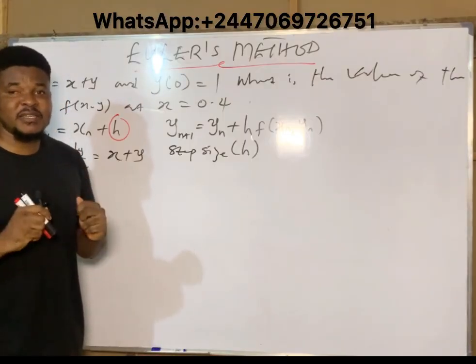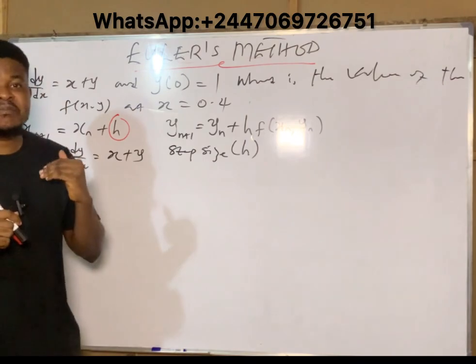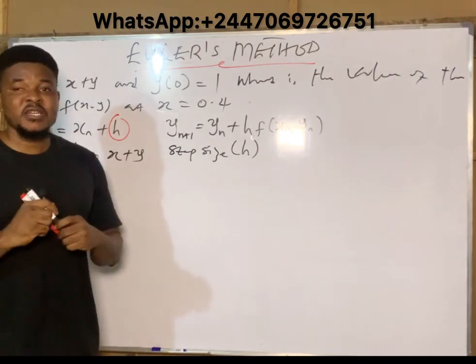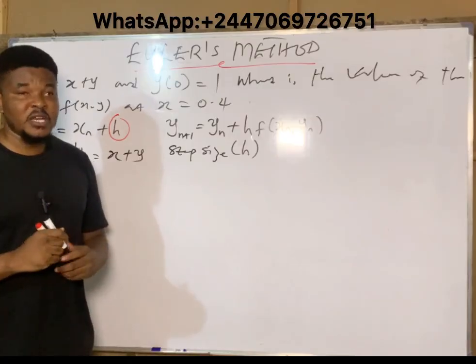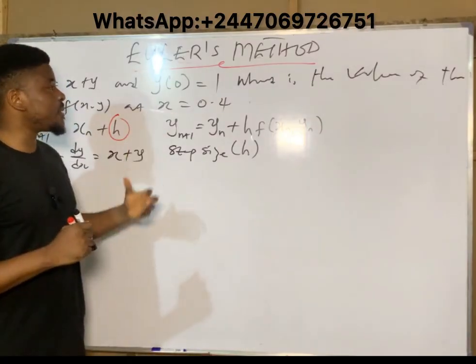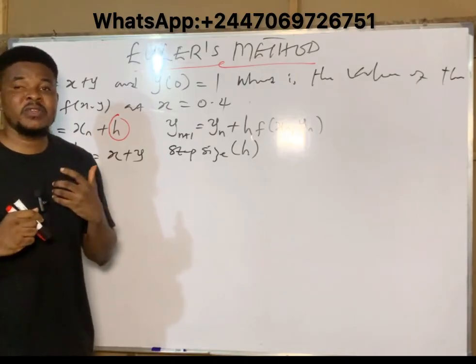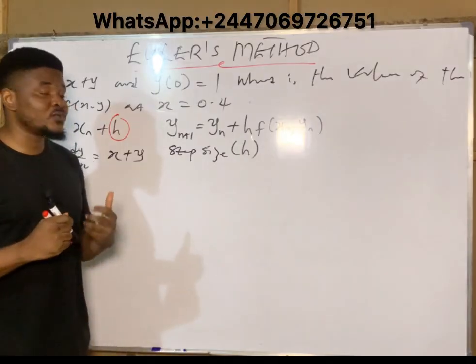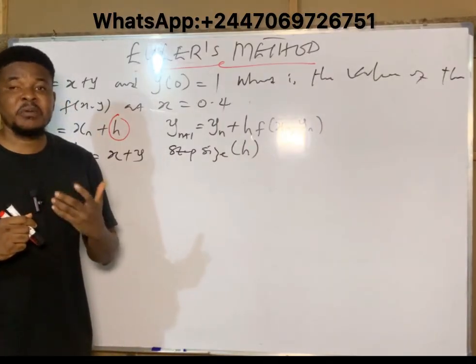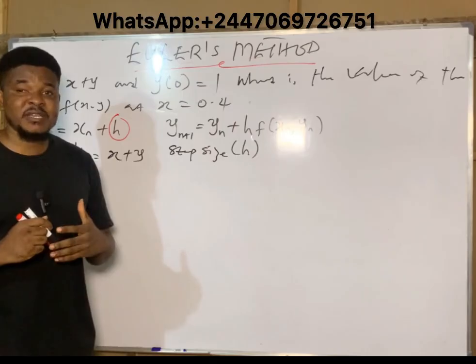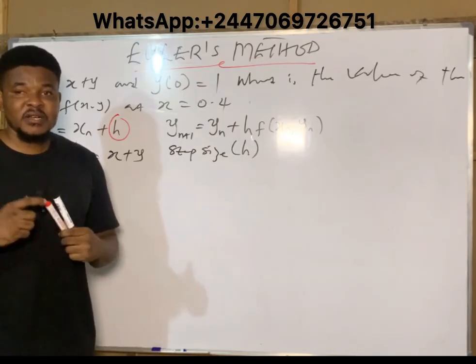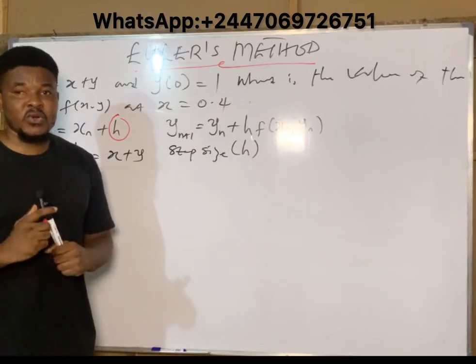But the key word here is the smaller the step size, the more accurate the approximation you are going to obtain. So even if the value you're to approximate is a whole number, if you have the patience to choose your step size to be a decimal, it is also better, because the smaller the step size, the more accurate the approximation.